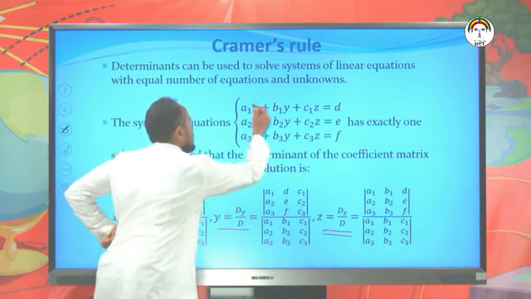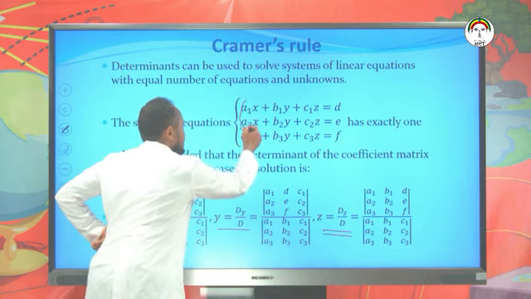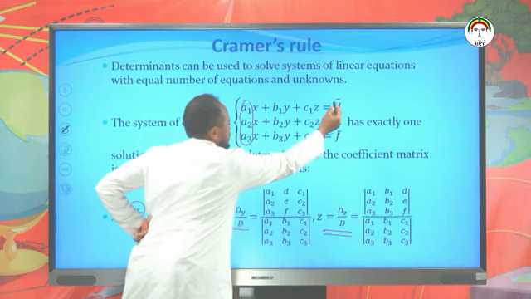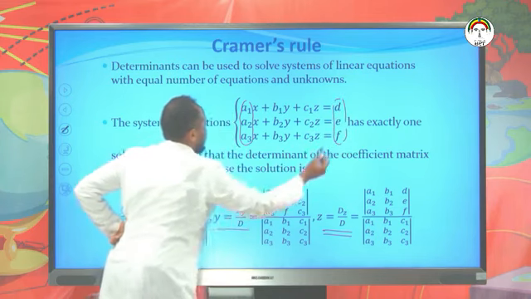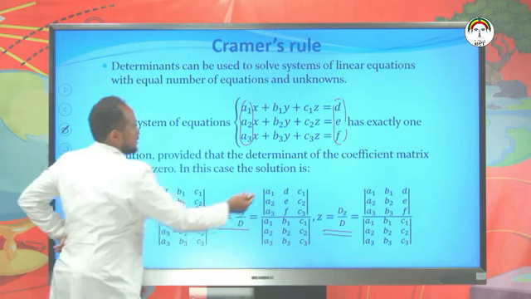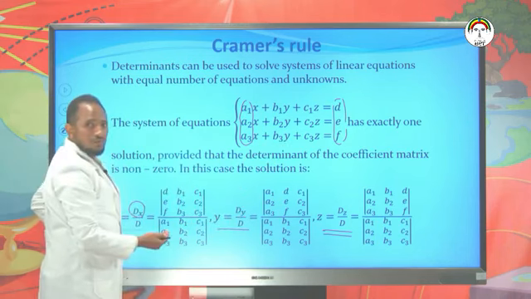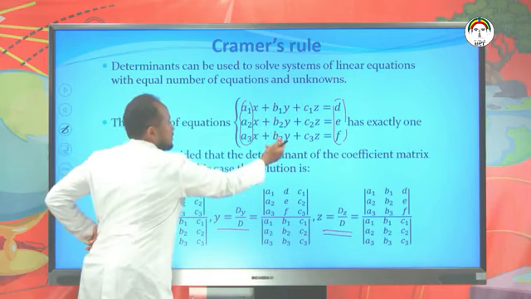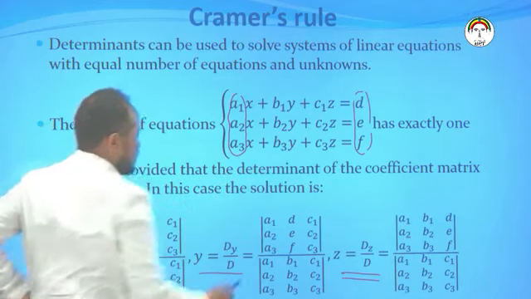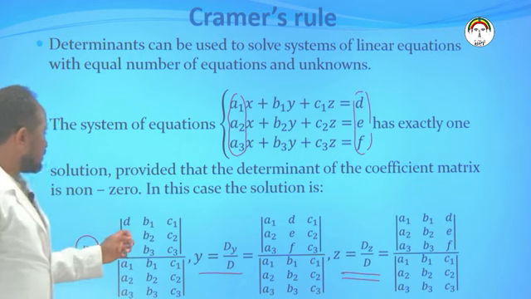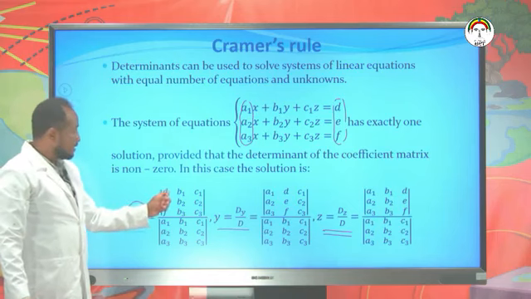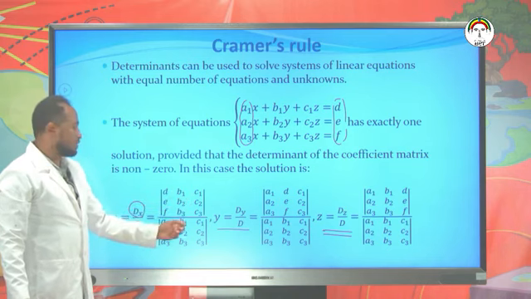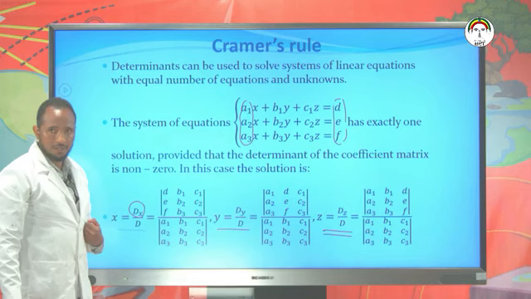For dx, you change the coefficient of x by the solution column. So the matrix for dx will be d, e, f, B1, B2, B3, C1, C2, C3. Therefore, dx is equal to the determinant of d, e, f, B1, B2, B3, C1, C2, C3. The determinant of this gives you dx.